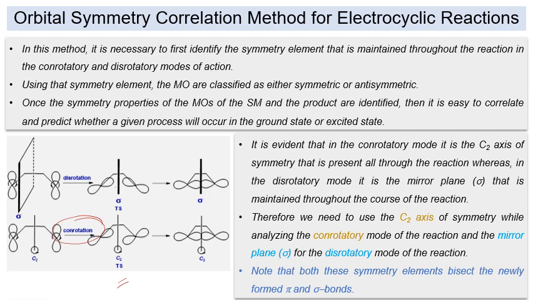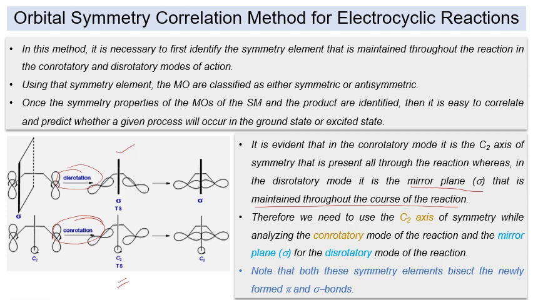Whereas in the disrotatory mode, in the transition state, it is the mirror plane that is maintained throughout the course of the reaction. This is a mirror plane which has the element of symmetry here. It is not the C2 axis in disrotation. The C2 axis is present in the conrotation.